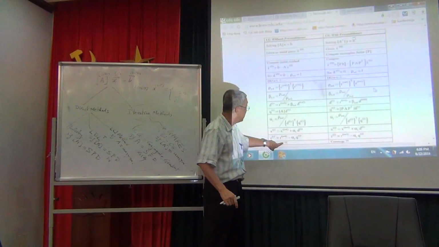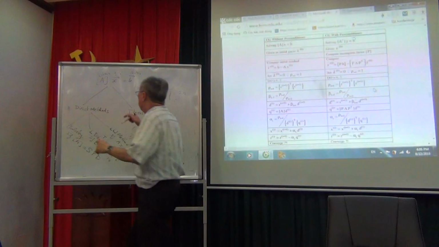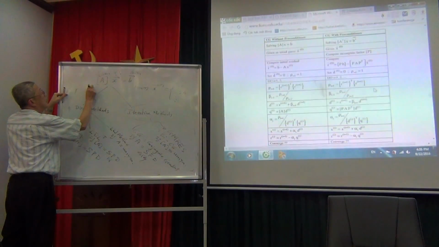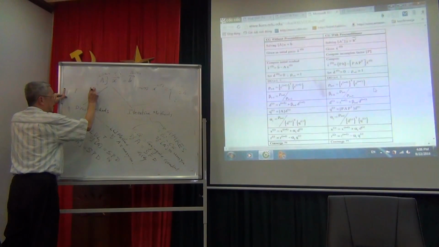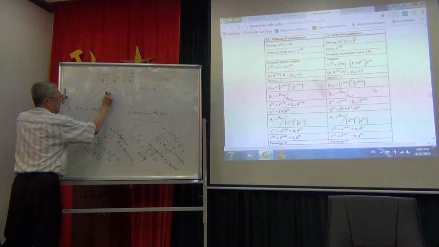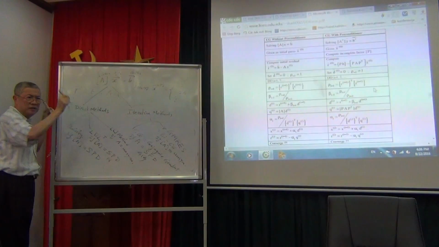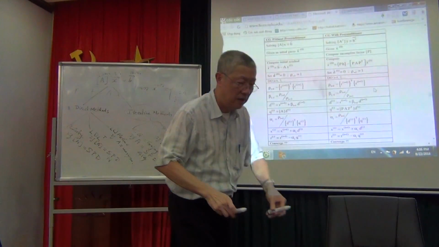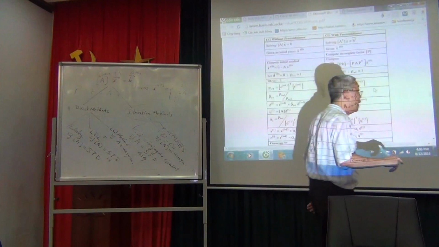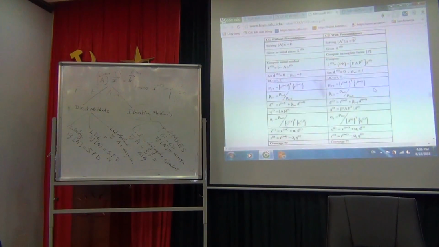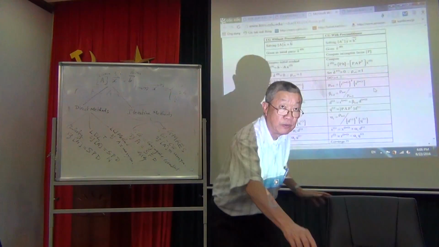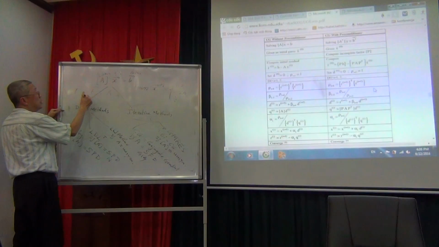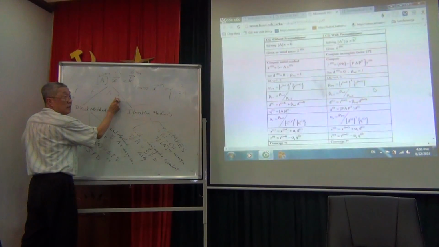But the thing is, the residual, as you can see, is equal to vector B minus AX.